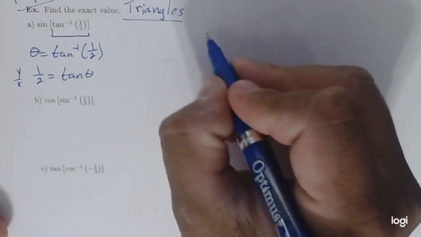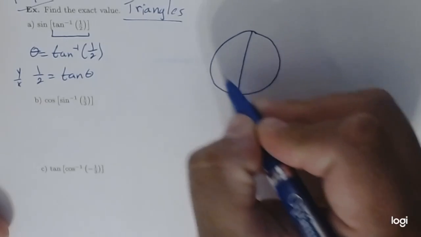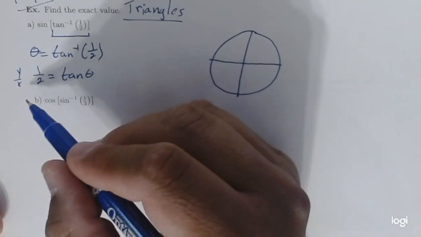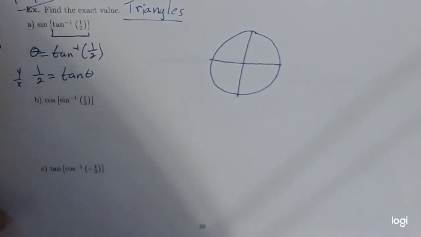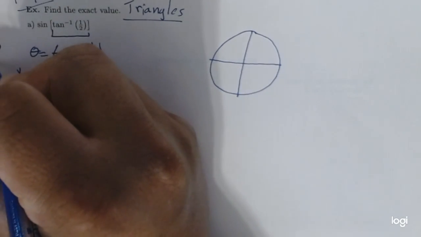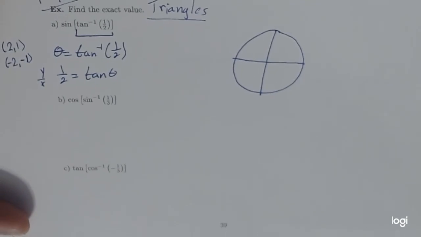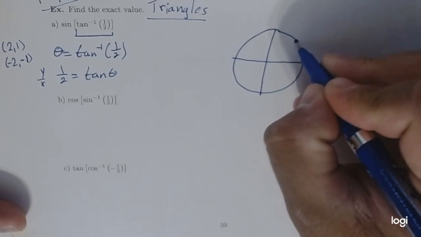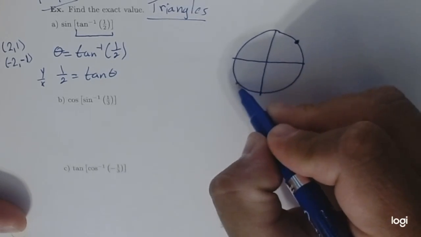Using our unit circle, we now have two points. It's y over x, so we can have the point (2, 1), or we can have (-2, -1). That's the other way we can get a positive 1/2. So (2, 1) is over here, 2 and up 1, or we have it down here, (-2, -1).